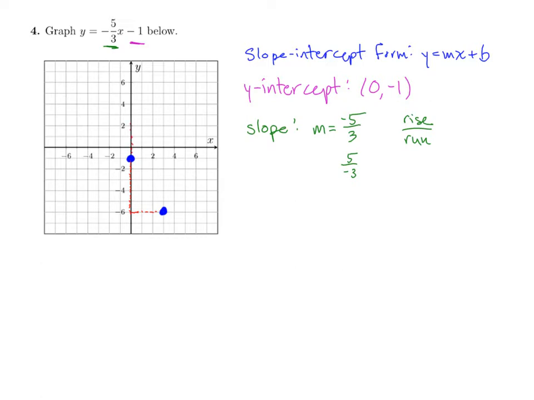So I'll do that here, and that'll put me at the point negative 3, 4. So I'll plot that. And now I have plenty of points, and I can connect these with a straight line. So I'll draw a straight line through them. And then lastly, to show that it continues indefinitely, I'll put arrows on each of those ends.